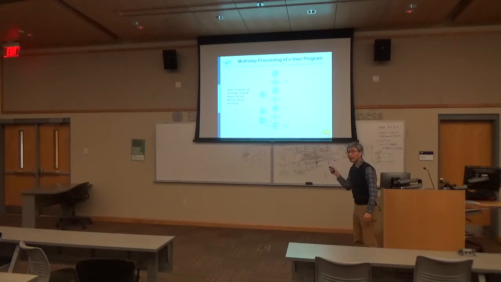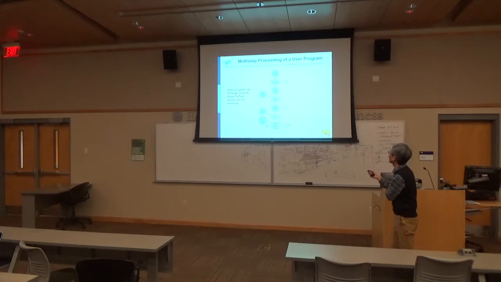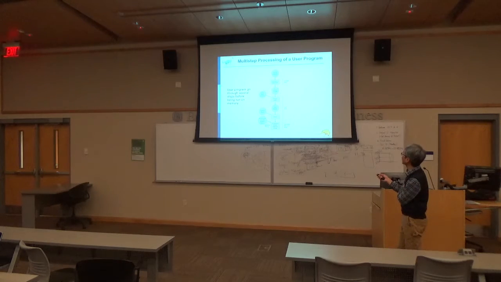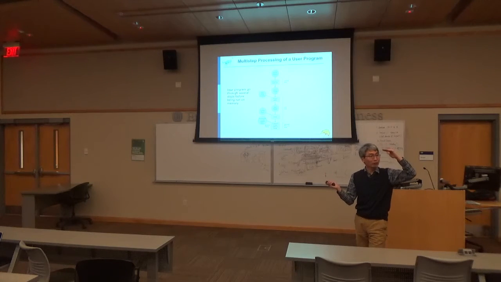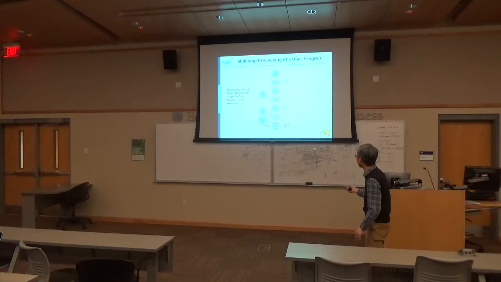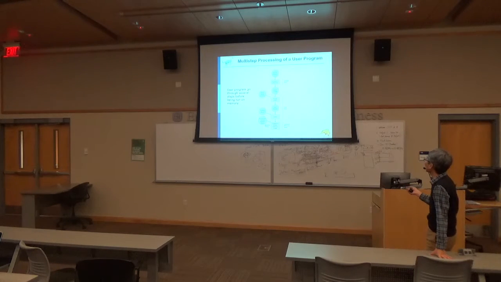Starting from the source program, if we have the source file, first we need to compile. The result is a sequence of instructions, but their addresses are relative addresses. We do not know the exact address. It can be here, it can be here, depending on the execution.